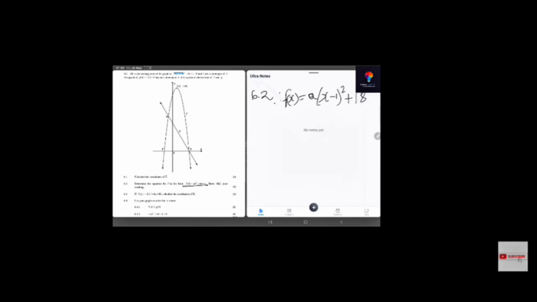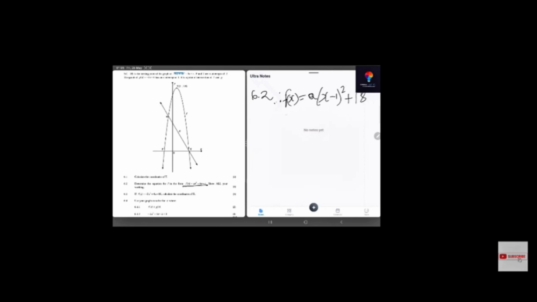This is the standard form that we can use when, of course, we are completing the square to get the coordinates of the turning point. Already we have been given what are the coordinates. Therefore, because we know the coordinates of T, we can replace the coordinates of T into this equation above.